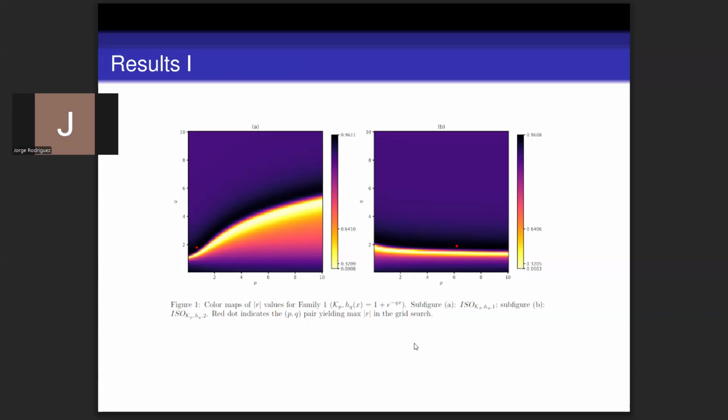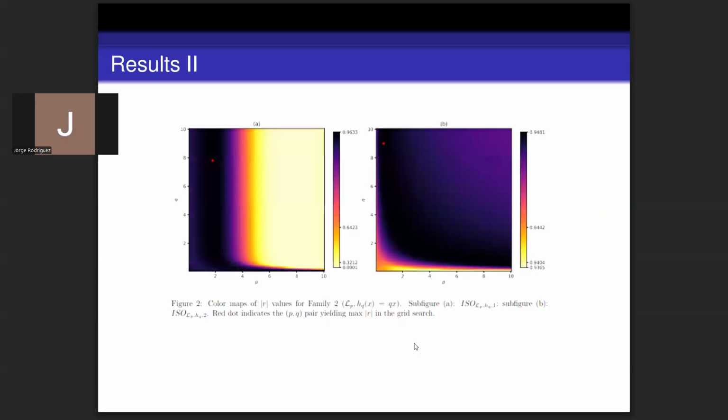And in panel B, we have the same thing, but for the second h integral Sombor index. And you can see that we obtain a maximum value of correlation of 0.96 for the first type of family, and again 0.96 for the second h integral Sombor index.